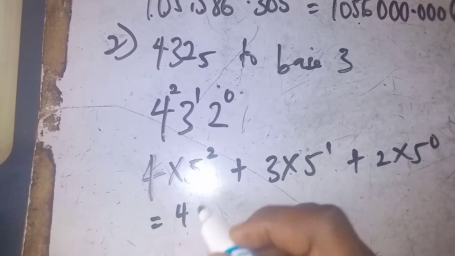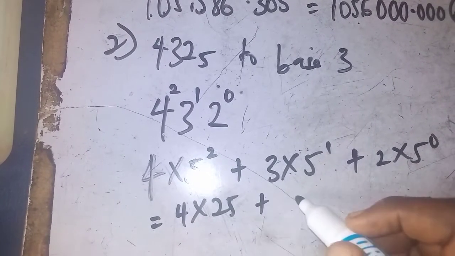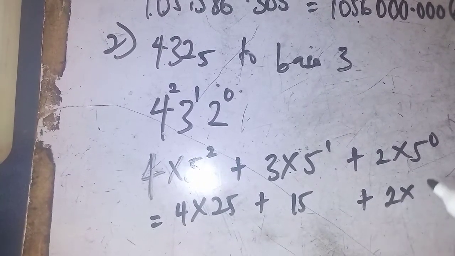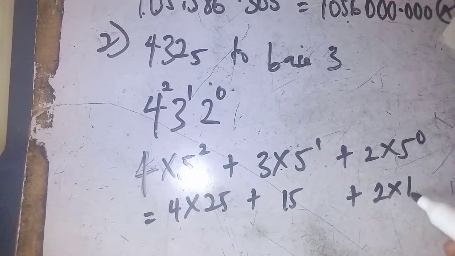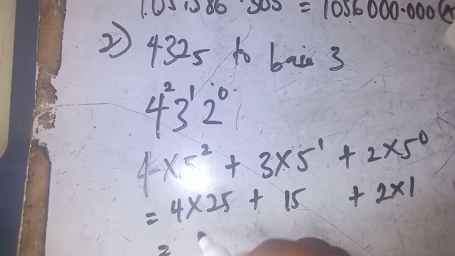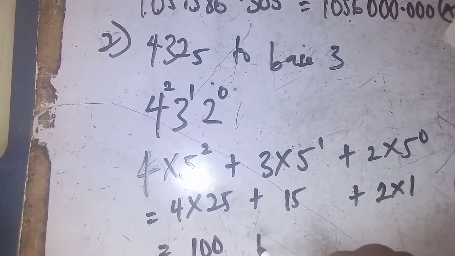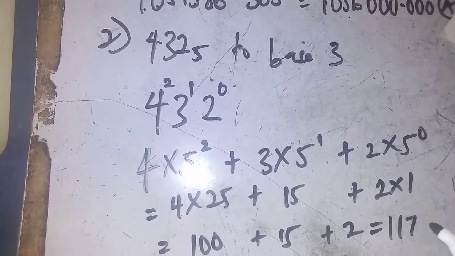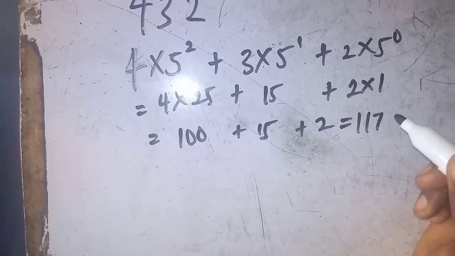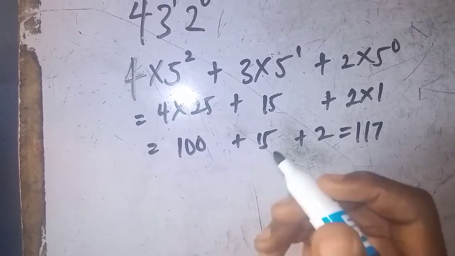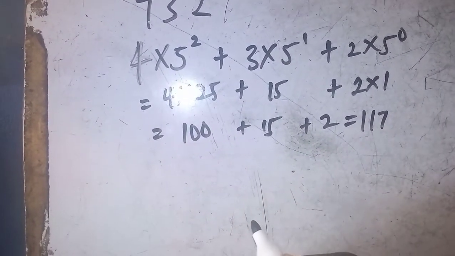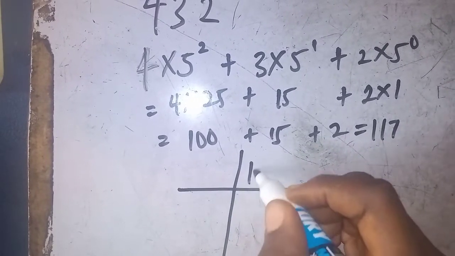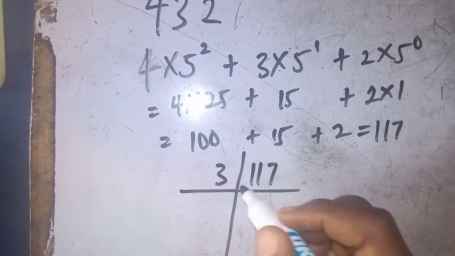So what do we have now? 4 times 25 plus 15 plus 2 times 5 raised to power 0 is 1. That will give us 4 times 25, 100 plus 15 plus 2. That's 117. So now that we're done changing it to base 10, it's now time to convert it to base 3. And what do we do? We divide 117 by 3.